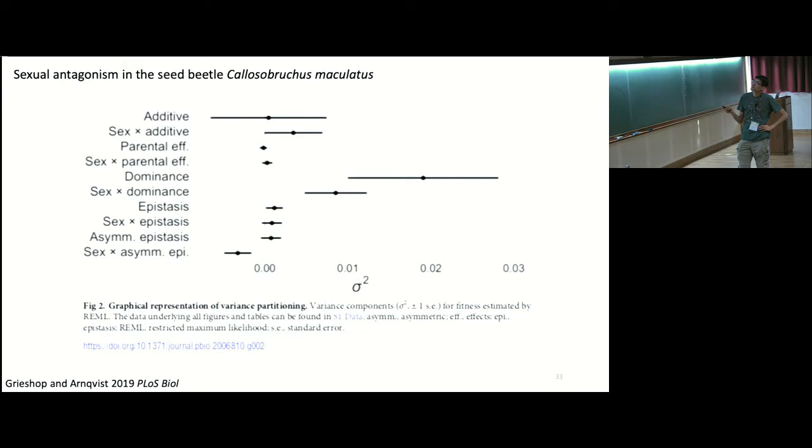But perhaps more interestingly, there's a large dominance component of variance, and also this quite large sex by dominance interaction component, which might signal, as an indirect form of suggestion, that dominance works differently in one sex than another. So that's maybe a hint towards this dominance reversal being common.